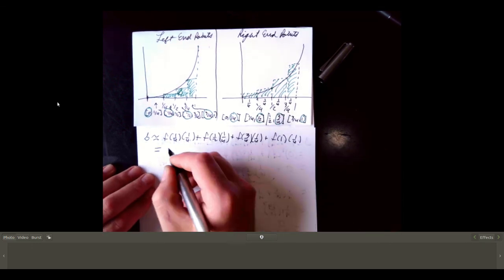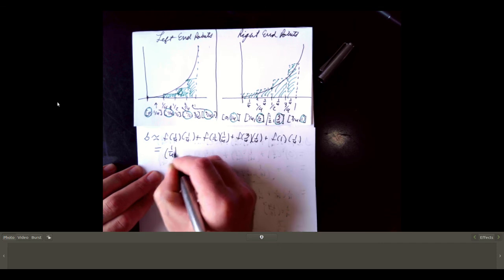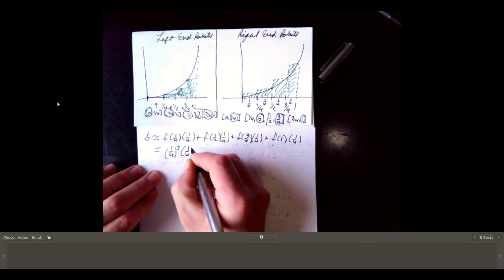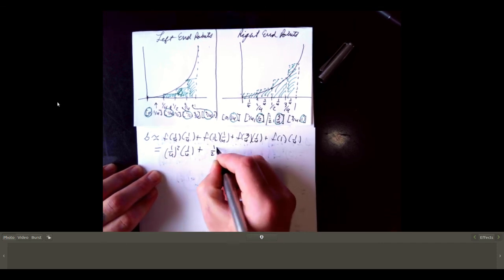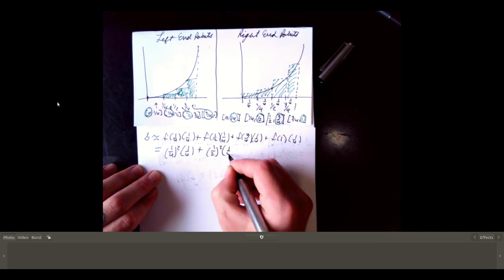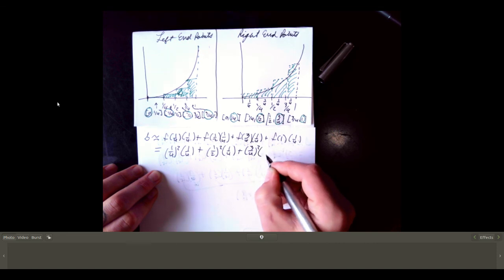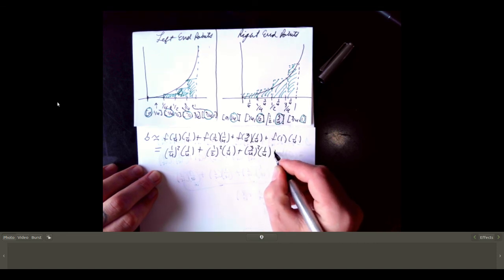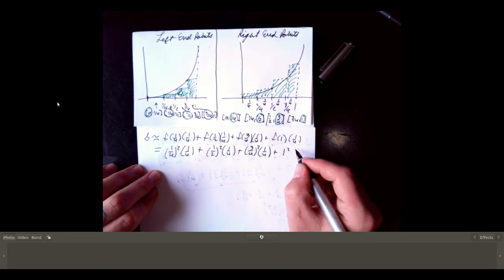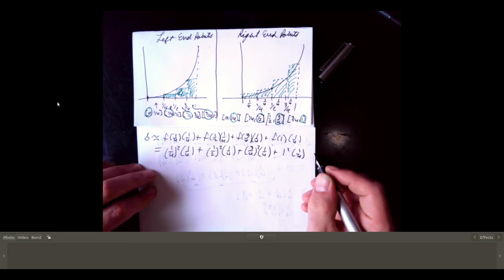This is equal to 1/4 squared times 1/4 plus 1/2 squared times 1/4 plus 3/4 squared times 1/4 plus 1 squared times 1/4.